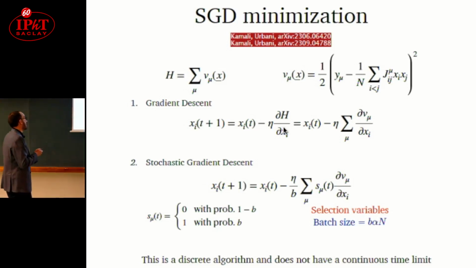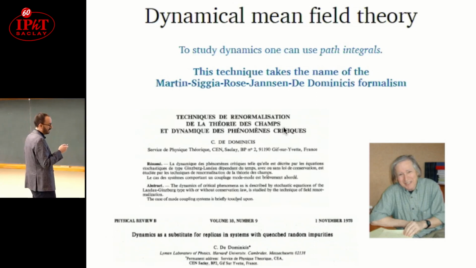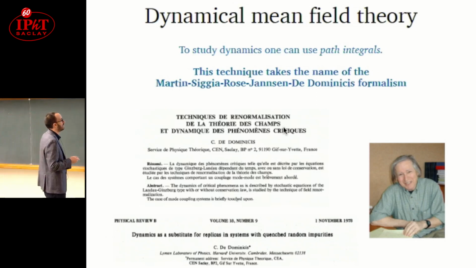Okay, so how can you analyze this algorithm? You do dynamical mean-field theory, and in order to do this, you do path integrals, which is the thing that we all like. And the standard technique that has been developed here is the Martin-Siggia-Rose-Janssen-De Dominicis formalism. These are the two papers that I think Henri was referring to yesterday by De Dominicis.